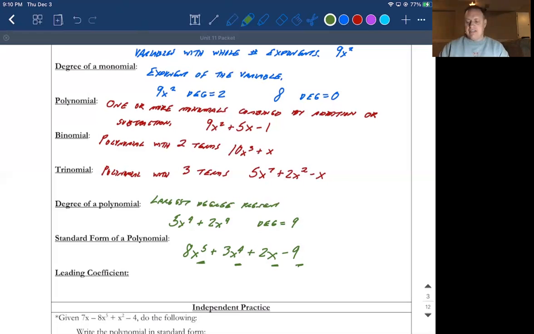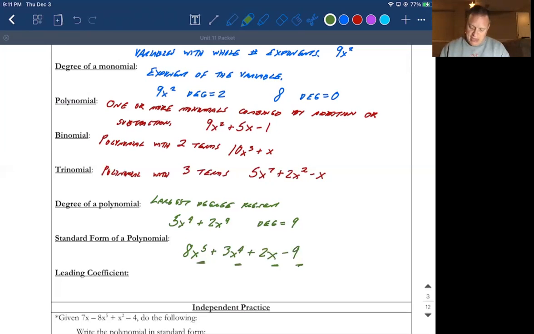Now the leading coefficient is kind of like the leading person in like a musical or something like that. It's the star of the show. And when we put a polynomial in standard form, the leading coefficient is the first thing that we see.